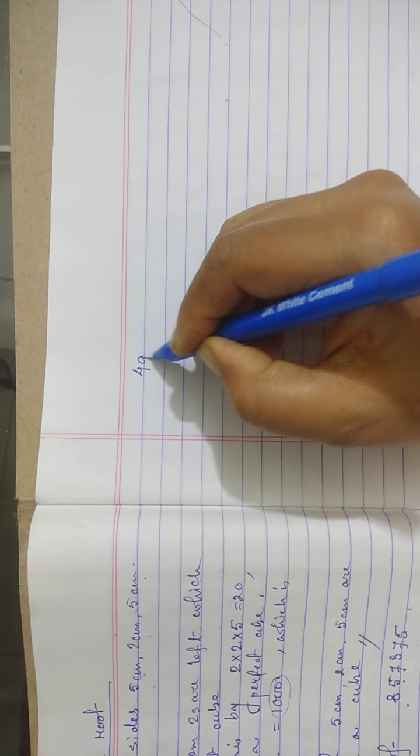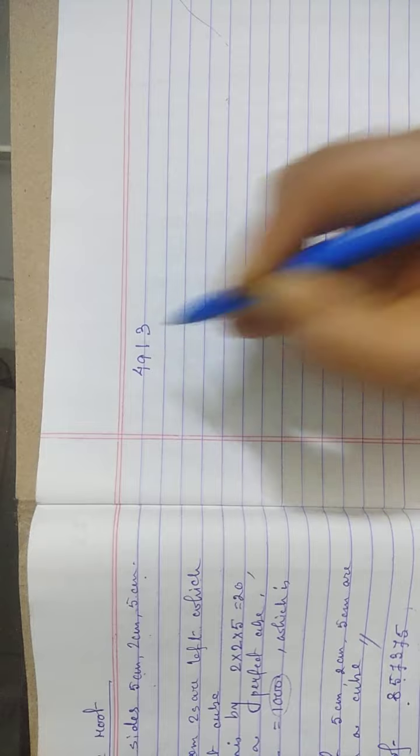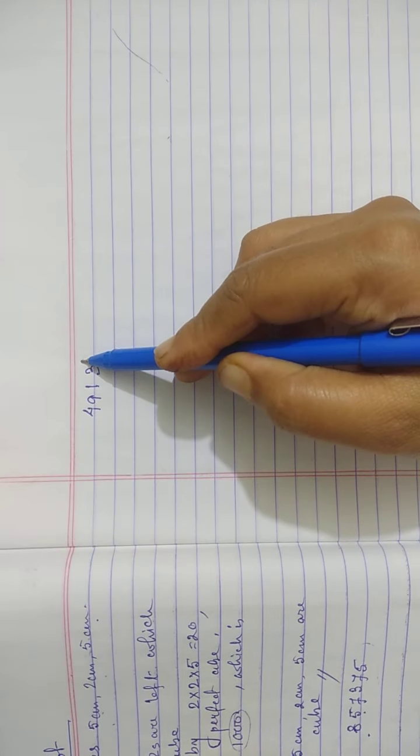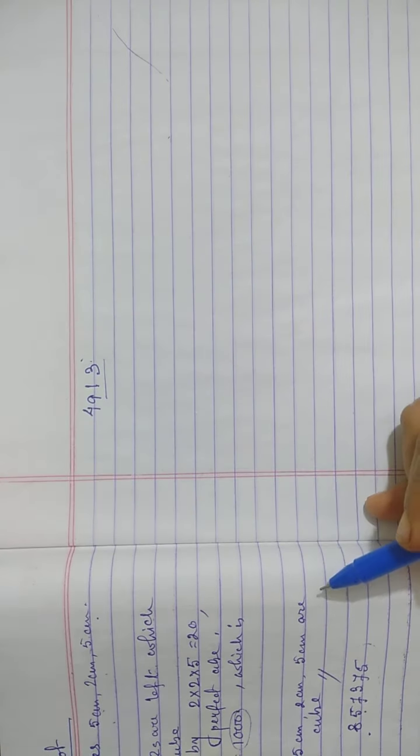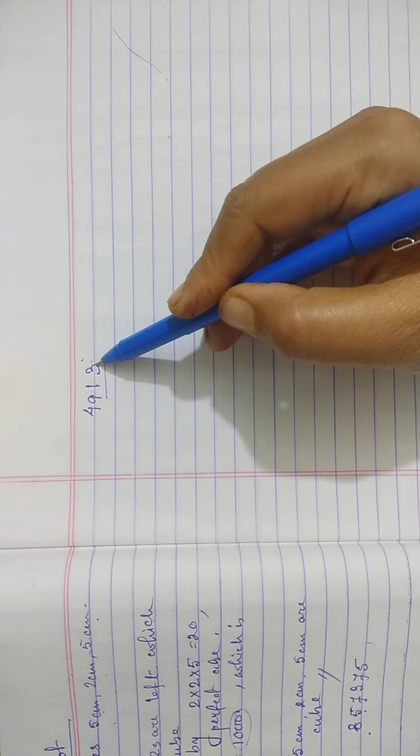See another example. Another example I am showing you: the number 4913. How to find the cube root of this number? First group is 913. Unit place is 3.